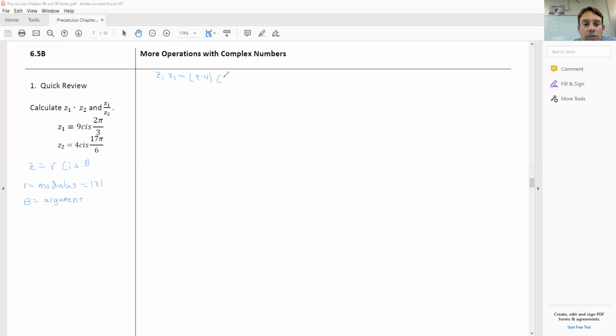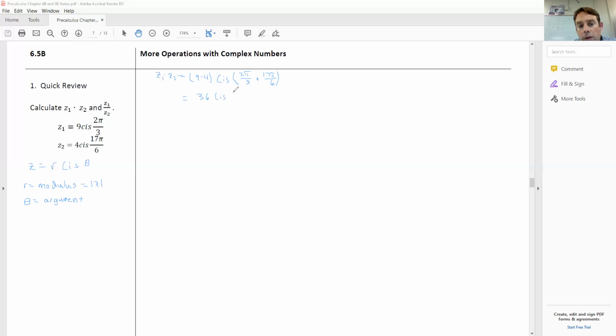Cis, cosine i sine, 2 pi over 3 plus 17 pi over 6. So when we multiply that all the way out, we end up with 36 cis.